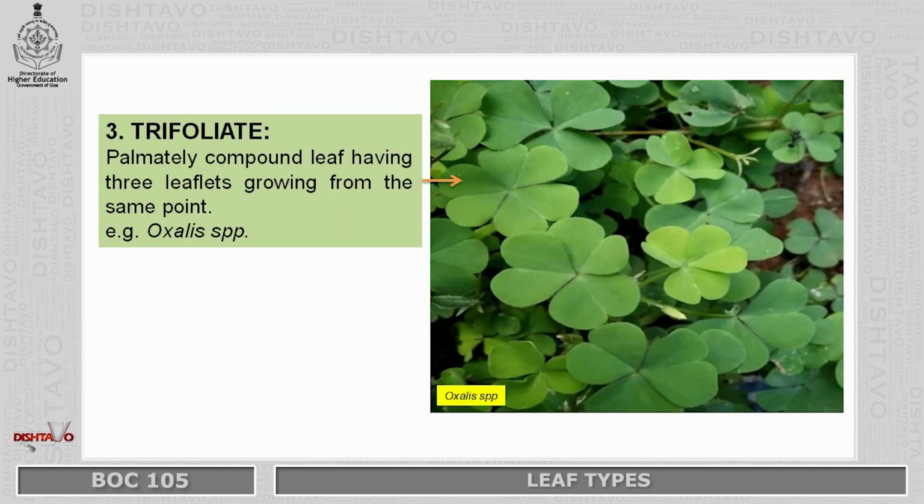Next is the trifoliate palmately compound leaf. Here, as the picture shows us, you can see the picture of Oxalis species, wherein three folia, three leaflets, are articulated to a common point at the top of the petiole. This we can see in Oxalis, and since there are three leaflets, we call this palmately compound leaf a trifoliate leaf.